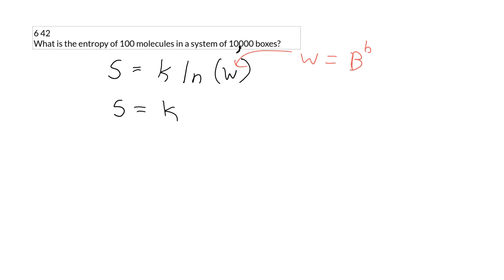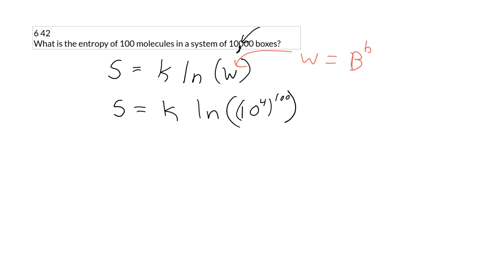So for our system here, I'm going to make this a little bit easier. We have the natural log of 10 to the 4th, raised to 100, for the number of ways things can be arranged.